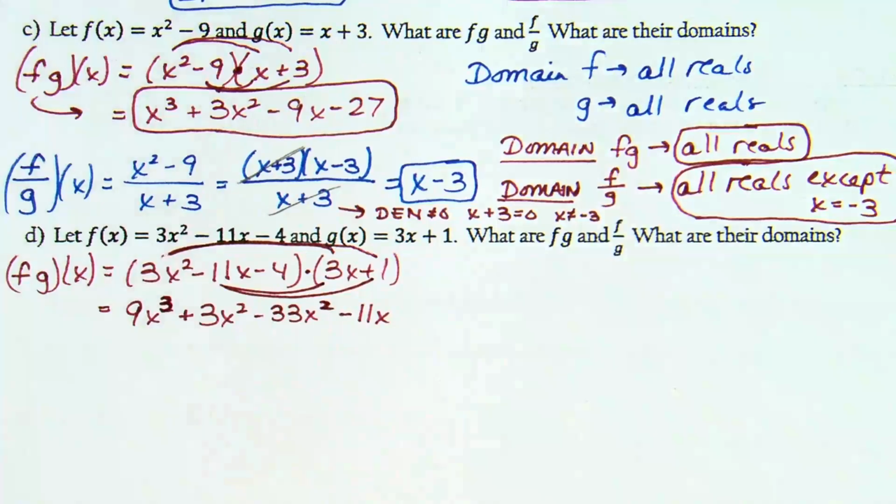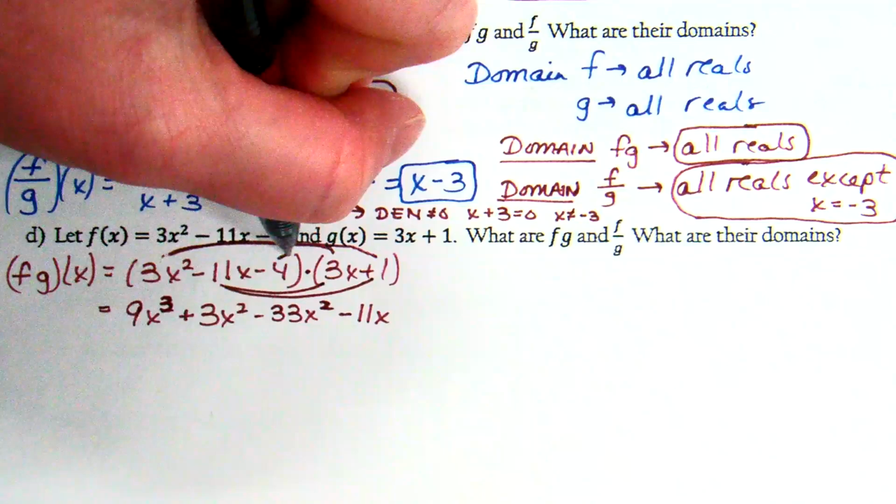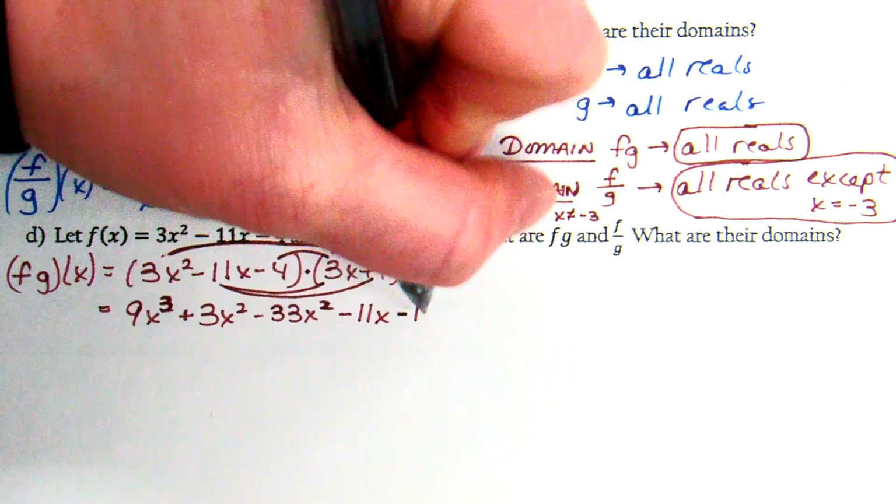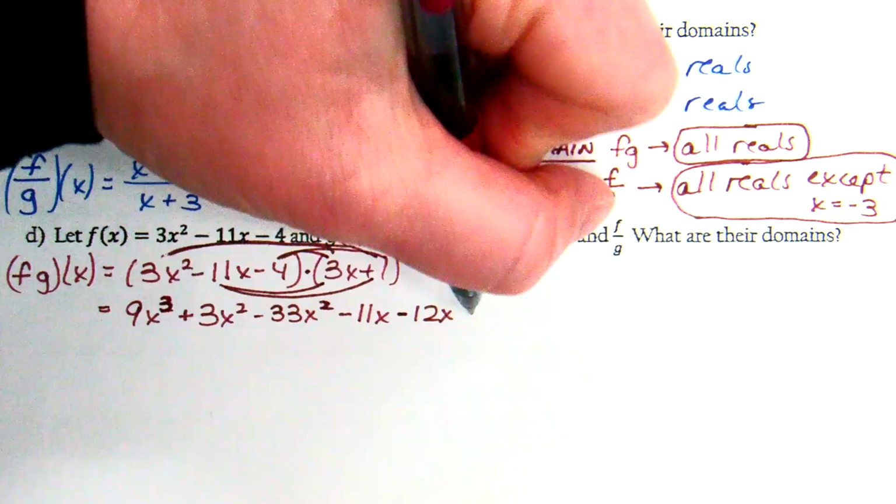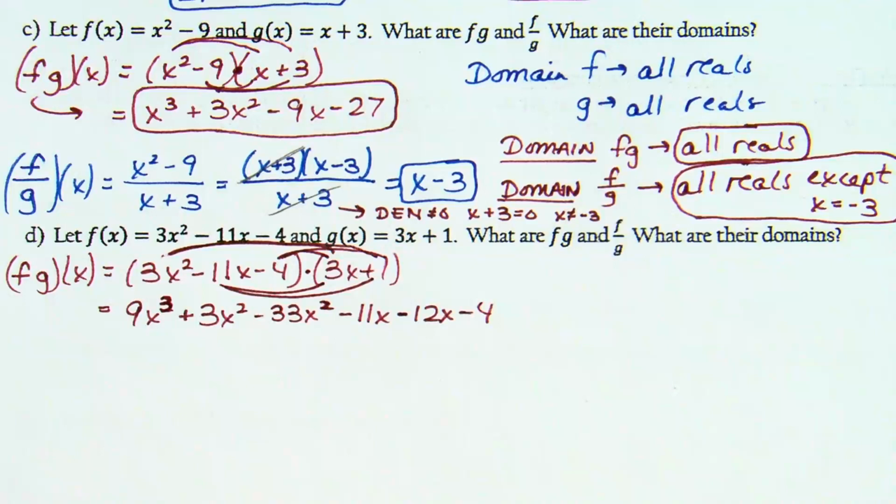And negative 11x times 1, minus 11x. And lastly, repeat the process with negative 4. Negative 4 times 3x, negative 12x. Negative 4 times 1, minus 4. Is there cleanup I can do?